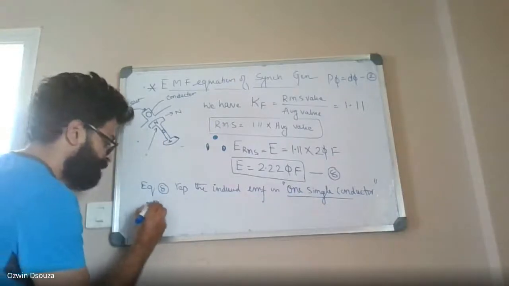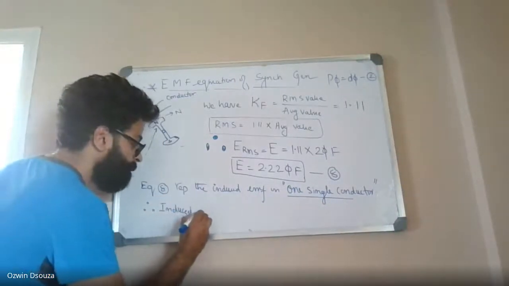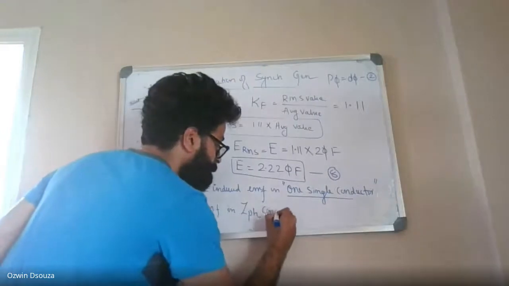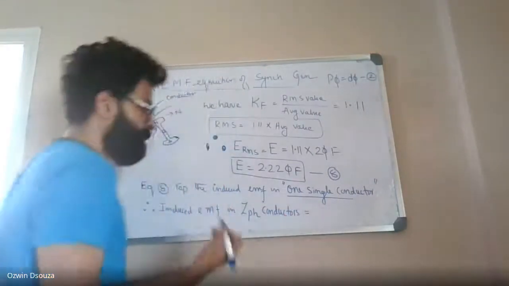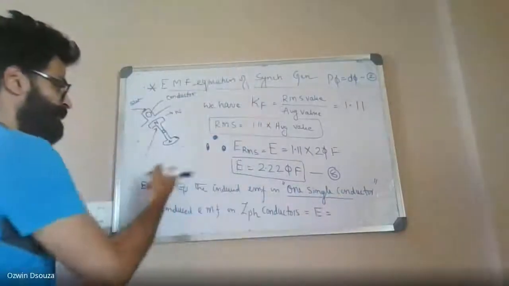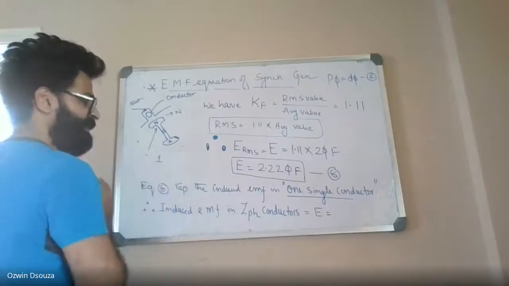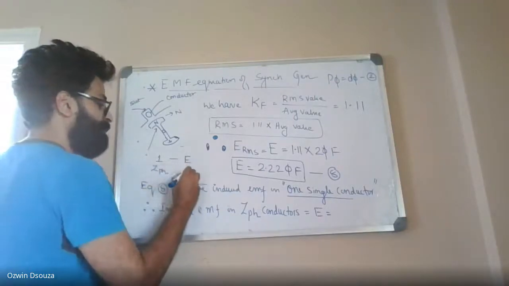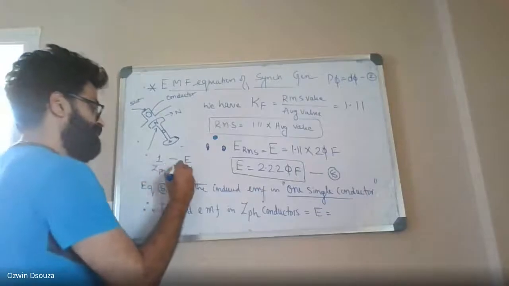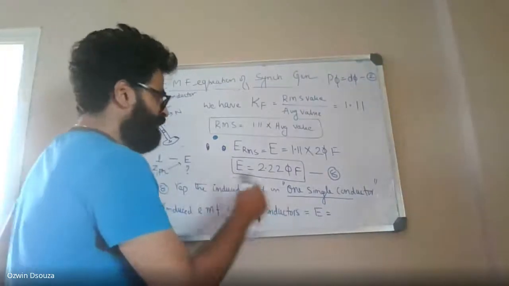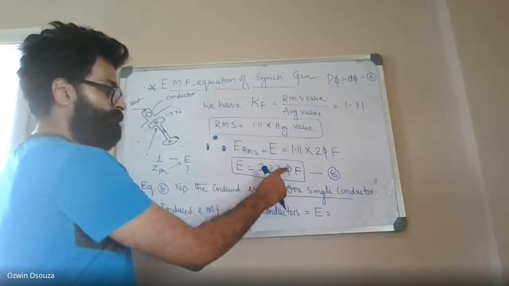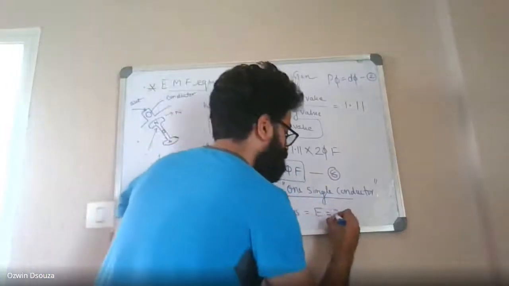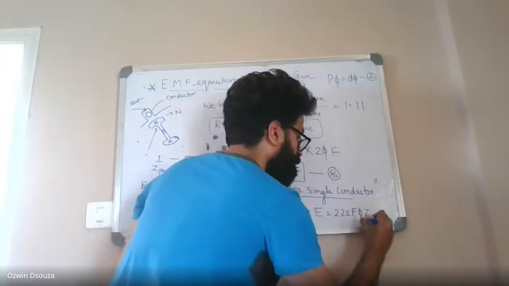So the induced EMF in Z phase conductors: in one conductor, the induced EMF is E, so in Z phase conductors, it is Z phase into E. E is 2.22 phi into F, so you just multiply equation 8 with Z phase. It is 2.22 F phi Z phase.